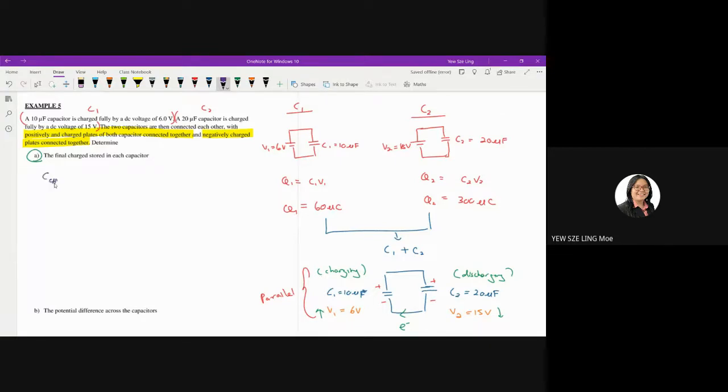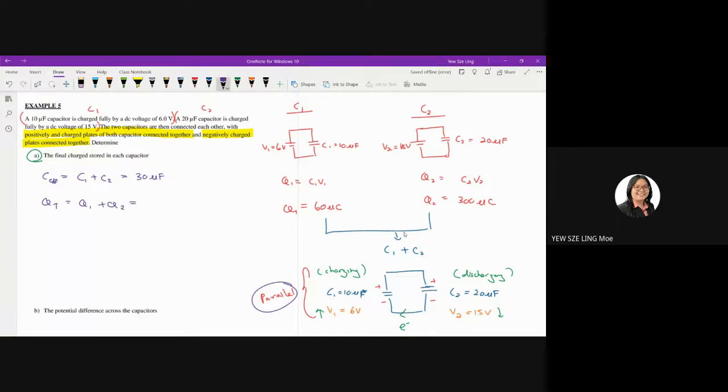So C effective, since they are connected in parallel, equals C1 plus C2, which then equals 30 microfarad. Then how about Q? Since you don't have a power supply in the circuit anymore, you won't have any extra charge in the circuit. So what we have is just Q total equals Q1 plus Q2.